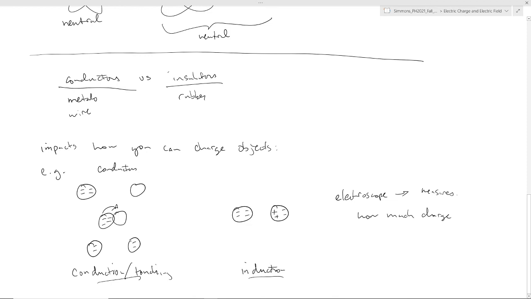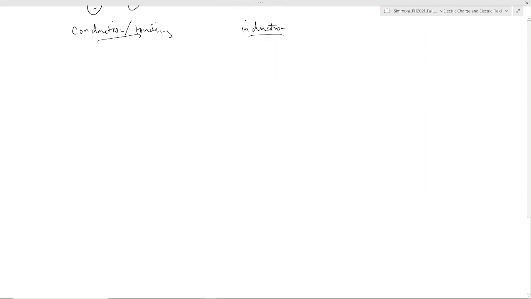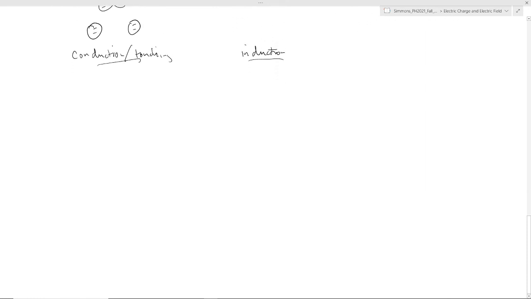Okay. So those are the definitions that we want to talk about. And what we're going to talk about next is the force between charges.